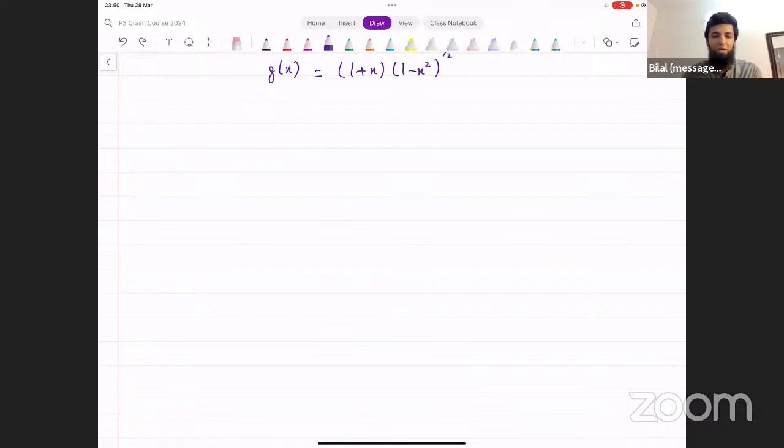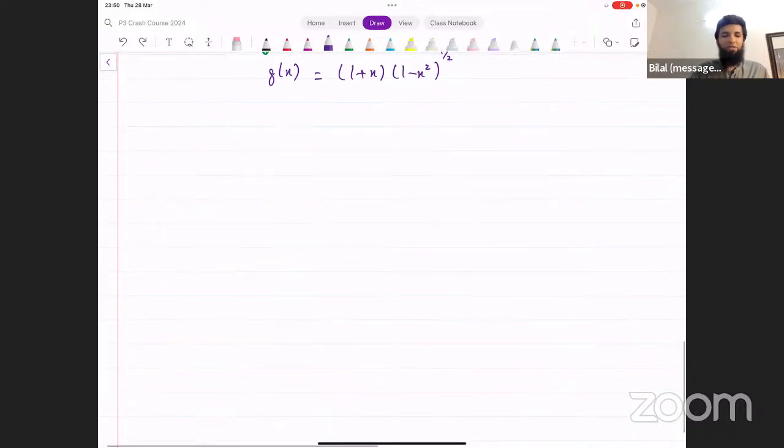You have to find the x coordinate of the maximum point of this function. How do you do that? You would find the derivative of this and put that equal to 0. That will give you the x coordinate of the maximum point of this function, which is the gradient of the normal.